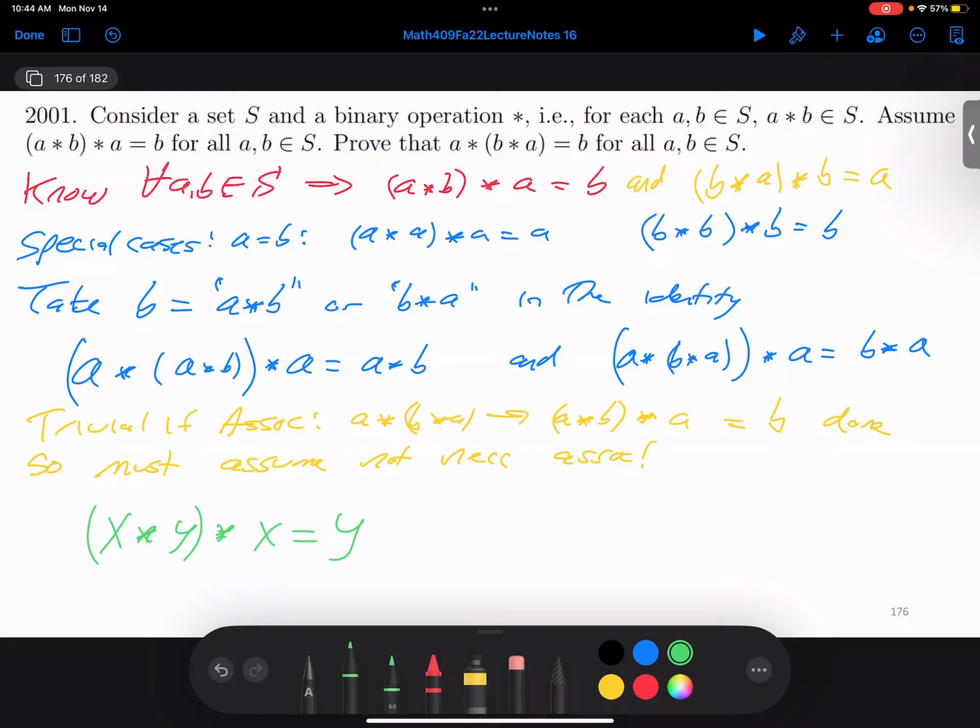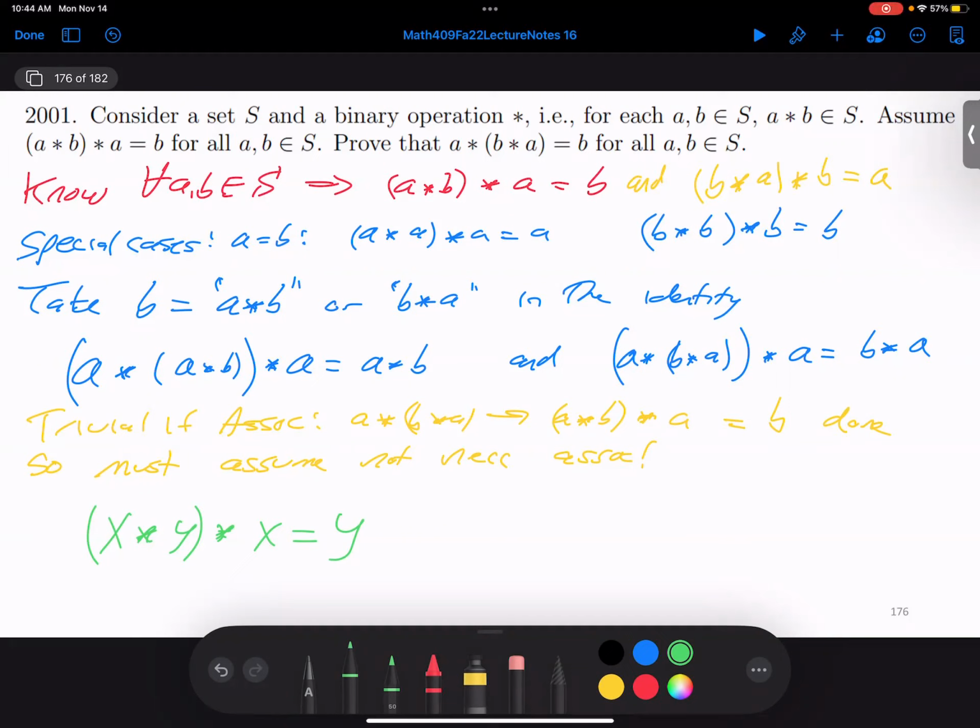Or maybe over here, A star B star A is X. I'm trying to figure out how to have X somehow related to these longer, more involved expressions.